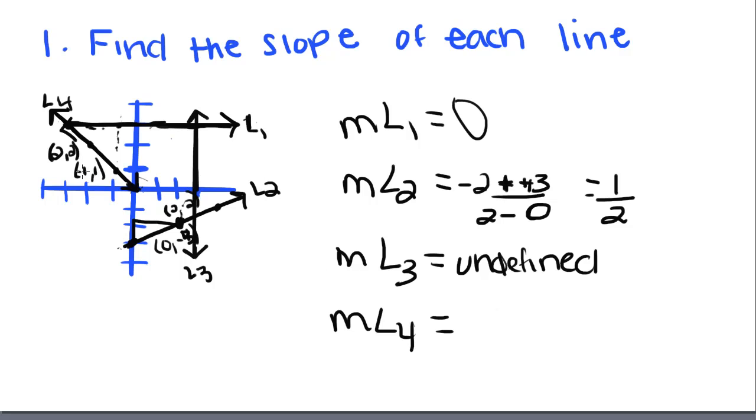Oh, sorry, negative 1, negative 2 is wrong. Using y2 minus y1 over x2 minus x1, we get 1 minus 2, which is negative 1, over negative 1 plus positive 2, which gives me positive 1. And if you divide a negative by a positive, you get a negative. So the slope of that line is negative 1.